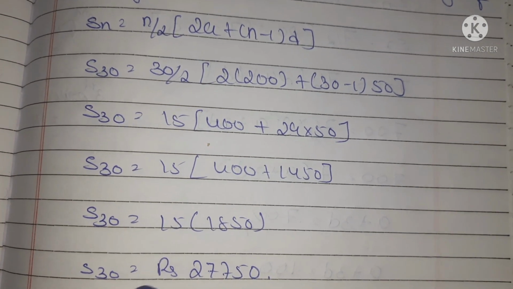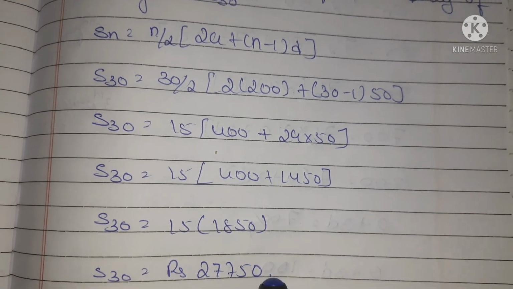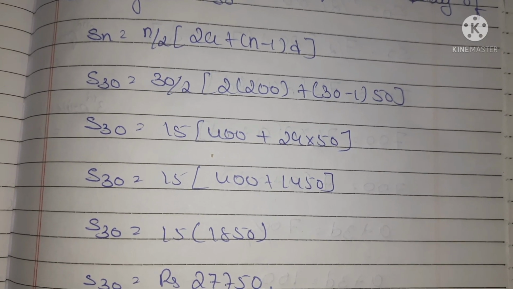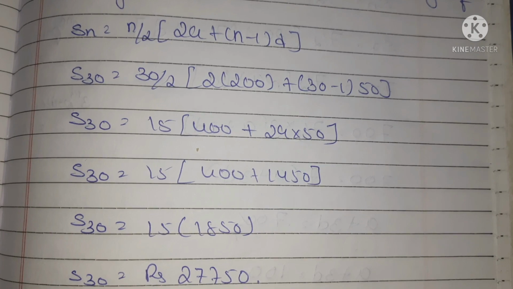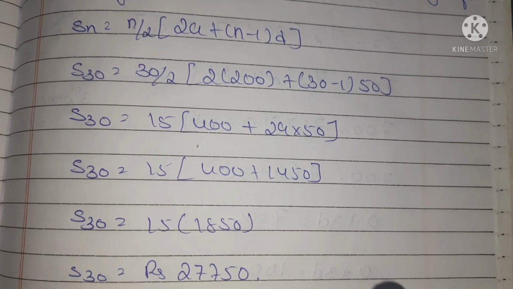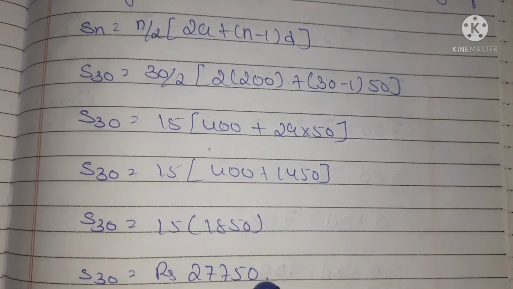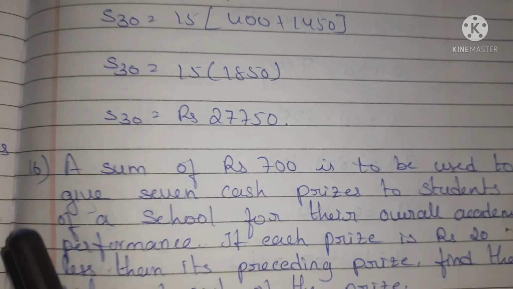Therefore S30 is equal to 27,750. The contractor is paying as a penalty for delaying work by 30 days 27,750 rupees. Now next problem, 16th problem.